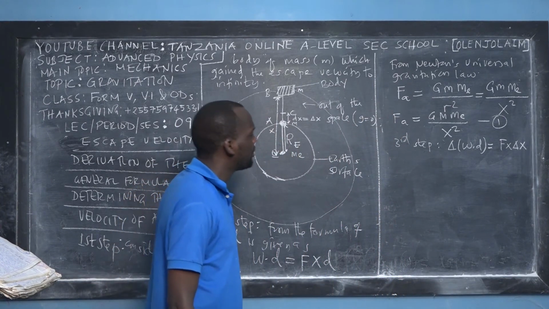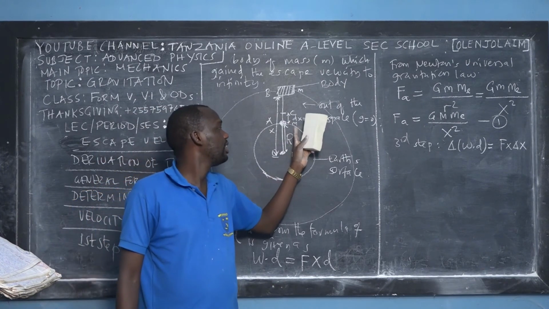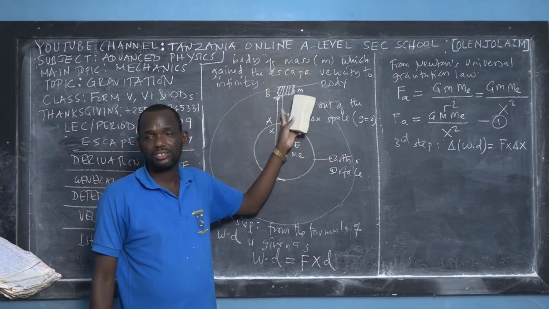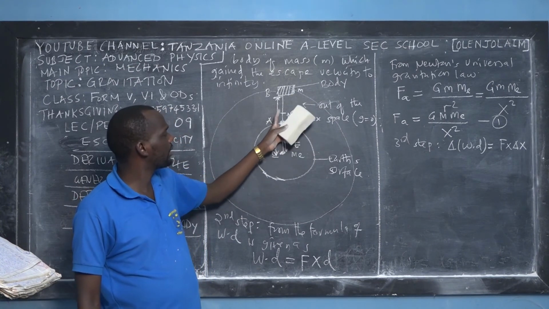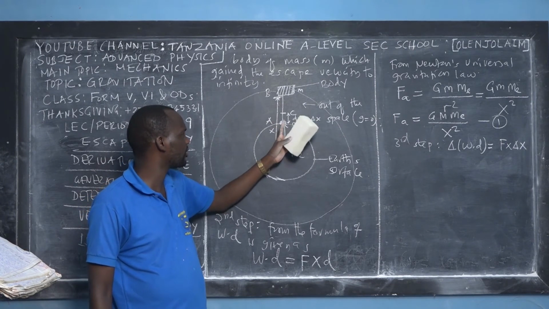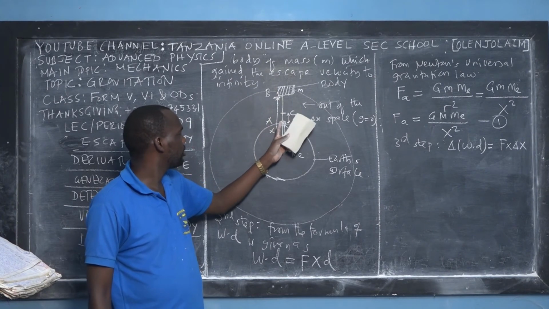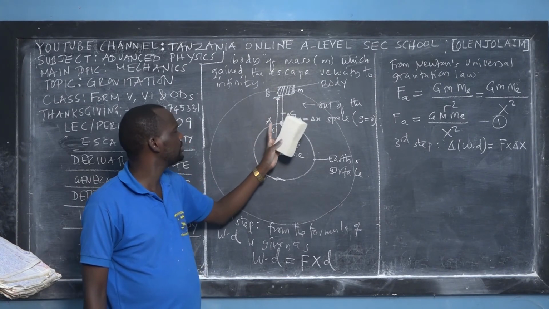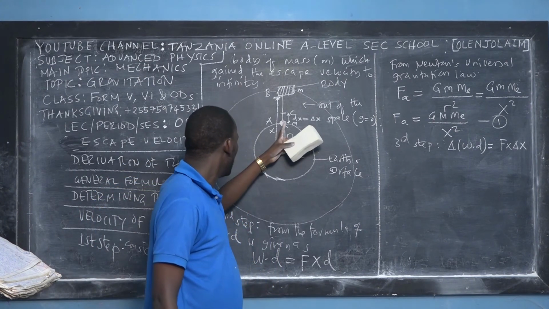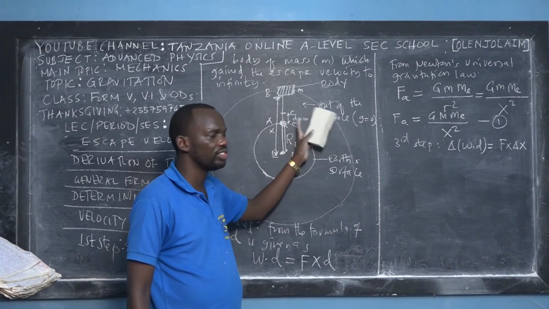If you want to find the minimum amount of work done to remove the body from the Earth's surface to the end of the Earth's gravitational pull, to point C, the work may be done by using a rocket, because a rocket is the one that carries bodies to outer space. So the work from point A to point C is equal to force times a small distance, which is changing x.